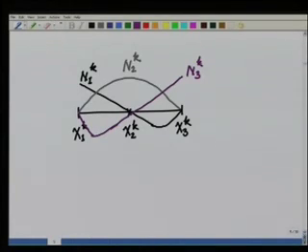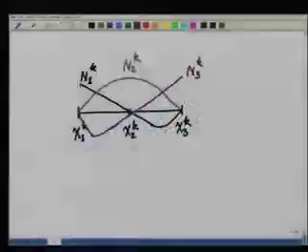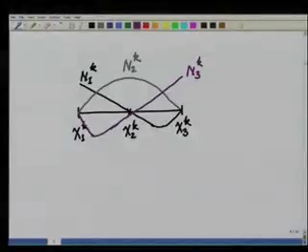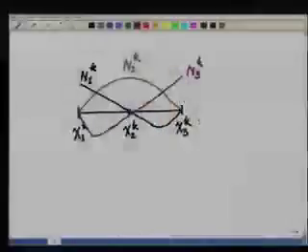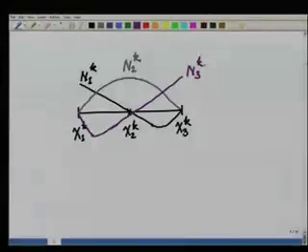And like in the case of linear approximations, in this case we want N1 of k to have a value 1 at the point x1 of k and 0 at all other points. N2 of k should have a value 1 at the point x2 of k, 0 at all other points. N3 of k should have a value 1 at the point x3 of k and 0 at all other points.